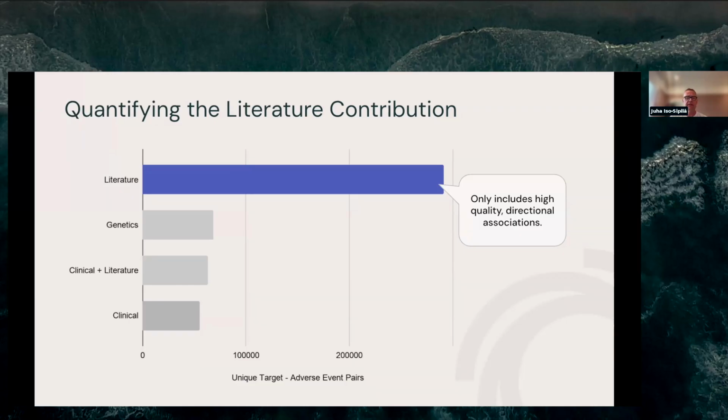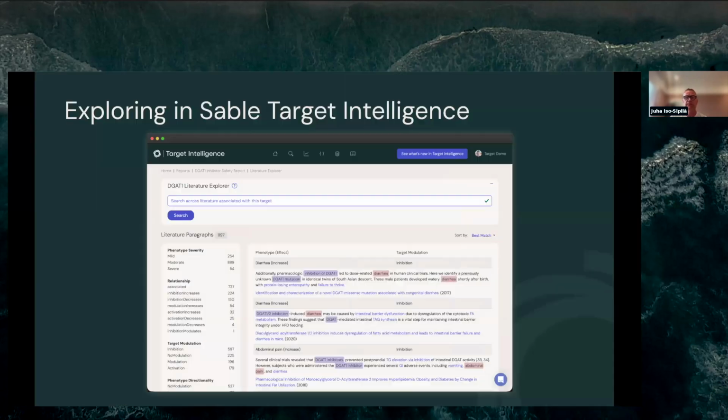Okay, as a user of the Sable platform, what does this mean to you? Essentially, this works as part of the reporting system. All the evidence that we extract from scientific literature is available to you in the platform. Furthermore, you can go very deep into the data if you wish, looking at the individual phenotypes and the individual relationships.